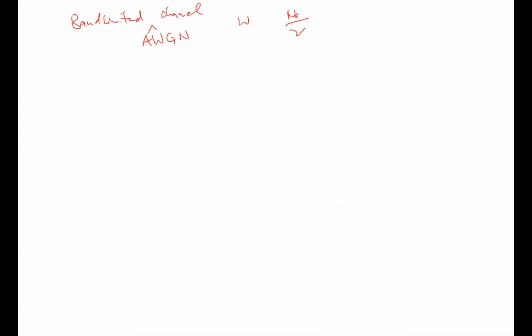Then you know there's a formula from your communication theory: the capacity is given by W log(1 + P over W N0), something like that.